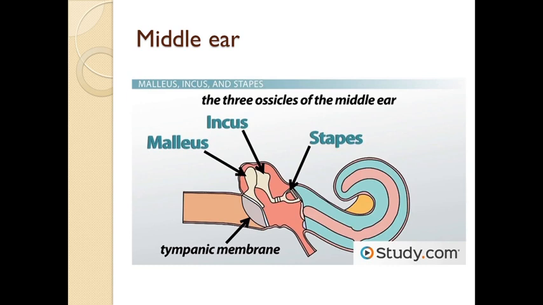And the round window is covered by a fine fibrous tissue. Then the vibrations of the tympanic membrane are amplified by the middle ear, and the amplified vibrations are sent to the inner ear via the oval window.